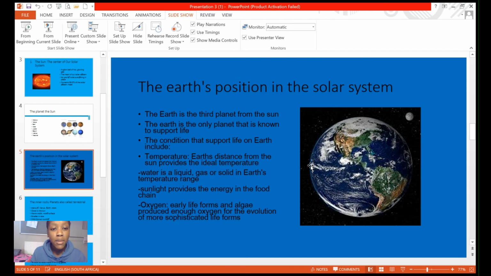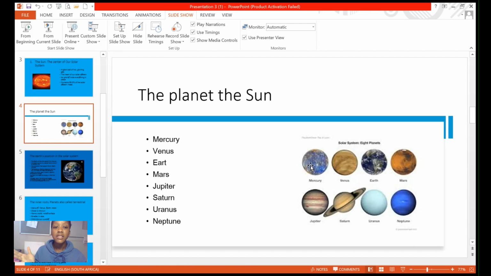The bullet number three, the conditions that support life on Earth, include temperature. Earth's distance from the sun provides the ideal temperature. For example, Mercury doesn't support life because it's too close to the sun, too hot.